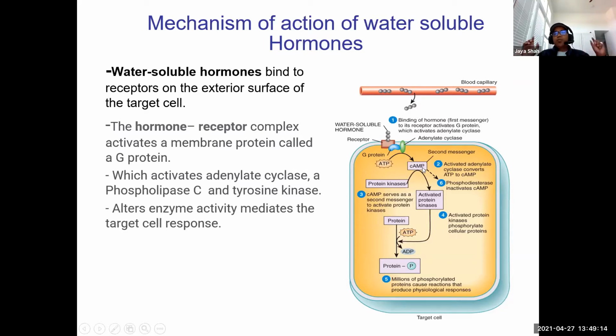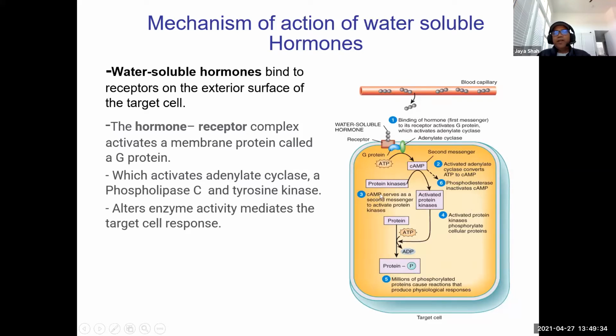Cyclic AMP is one of the major second messengers inside the cell. Once second messenger cyclic AMP is formed, what does this cyclic AMP do? So activated adenylate cyclase converts ATP to cyclic AMP.